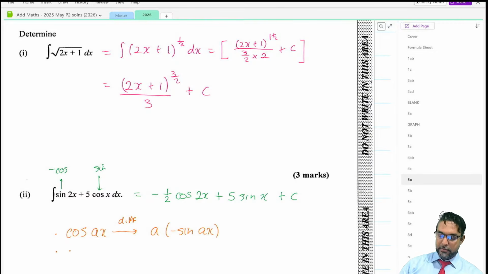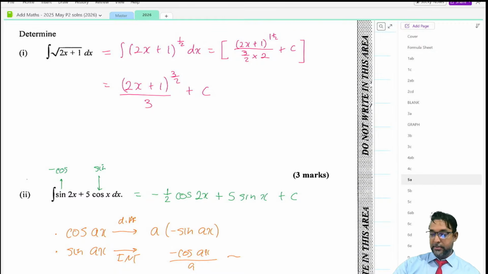So if we had sin ax and we integrated it, we get minus cos ax over a, plus c obviously. And that's how I get the minus 1 over a by cos ax, because both of those things are the same.